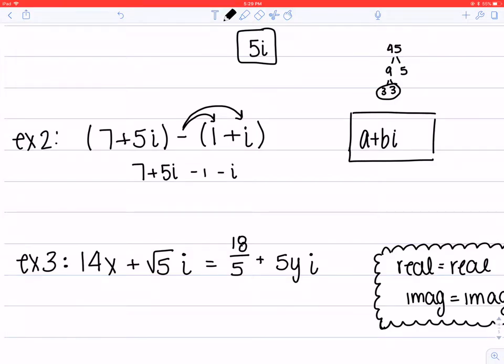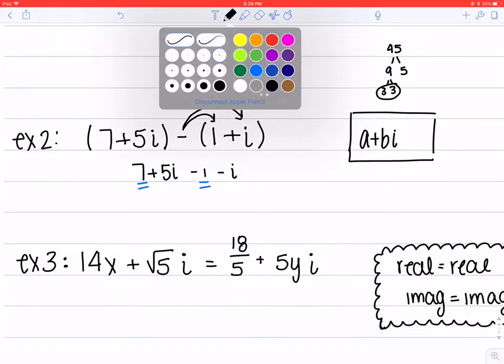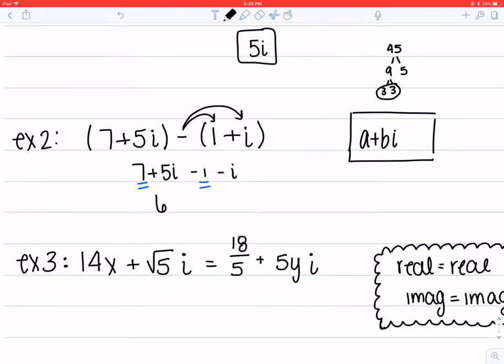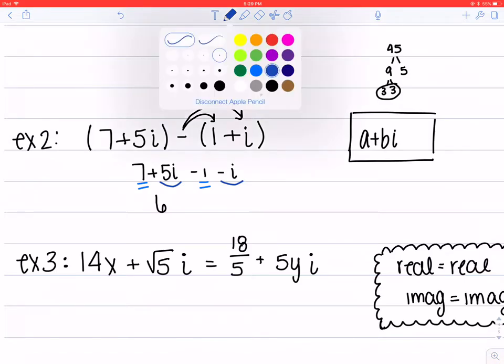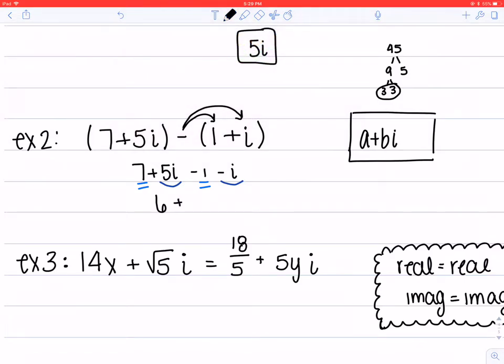Now that I've distributed the negative, I can combine like terms, just like if they were x's. So my first like term, 7 minus 1, or 7 plus -1, is going to give me 6. And then the second like term, 5i minus 1i is going to give me positive 4i. Now that thing is in standard form because I have a plus bi.